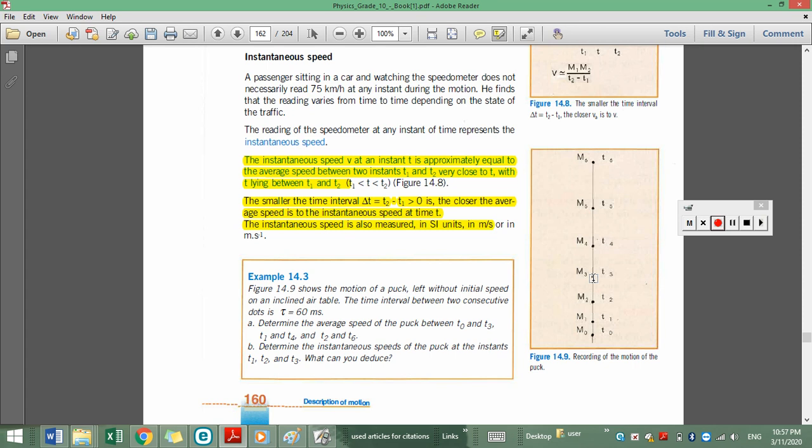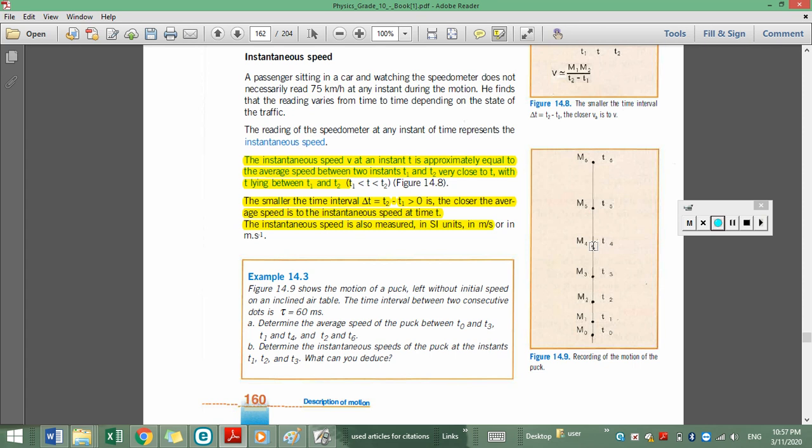What is the total time between these two instants? How many intervals? How many taus? 60 milliseconds, 60 and 60, so 3 times 60 milliseconds, which is 180 milliseconds. Same procedure in order to measure the average speed between T1 and T4. Using your ruler, you measure the distance M1M4 in centimeters.